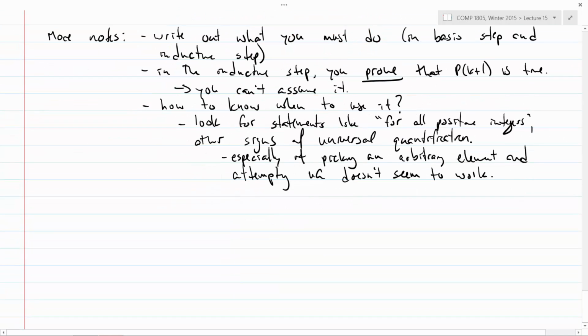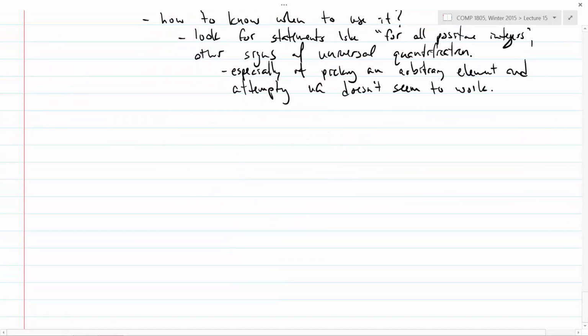All right, so let's see another example. Induction can be used to show things other than just equalities and inequalities. So the next example I'm going to do is with divisibility.